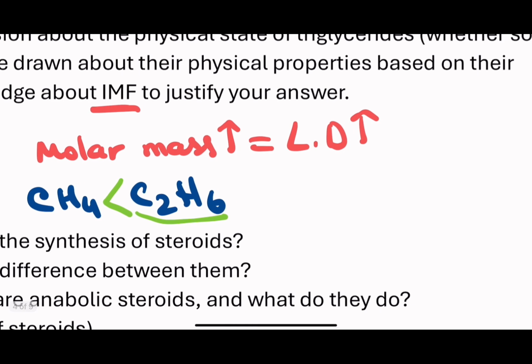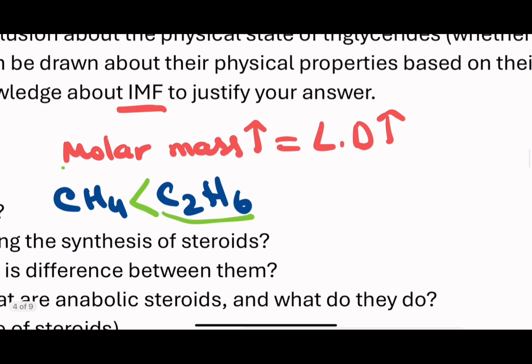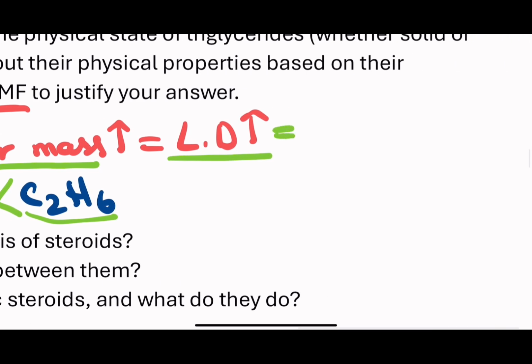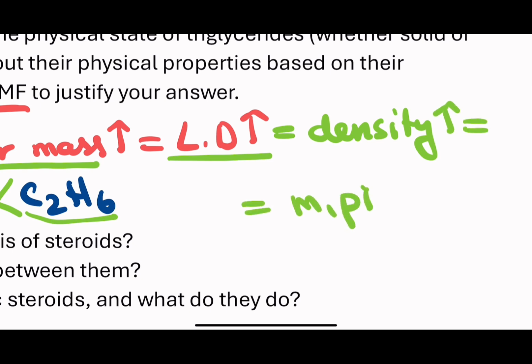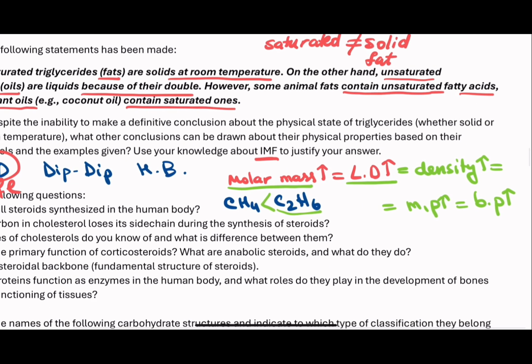So as the molar mass goes high, London dispersion increases, and this means our density will increase. And as the density increases, it will increase the melting point, and it will increase the boiling point. This should all make sense because we have done this in the last term as well.